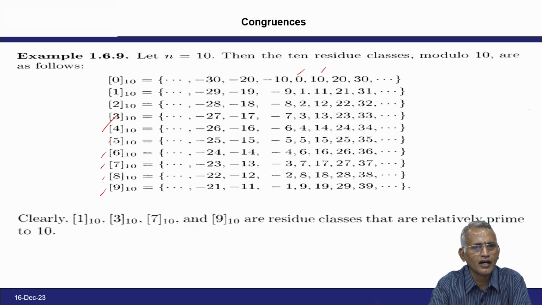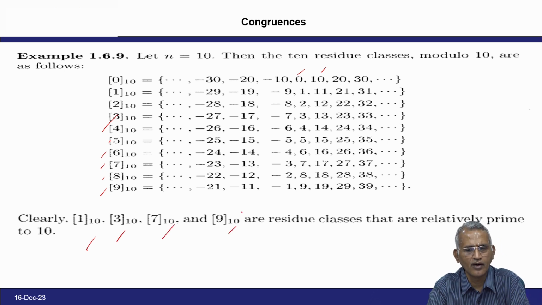So clearly the residue class 1, residue class 3, residue class 7 and residue class 9 are relatively prime to 10. So 1 and 3, the GCD is 1, 3 and 7, the GCD is 1, 7 and 9, the GCD is 1, like that.